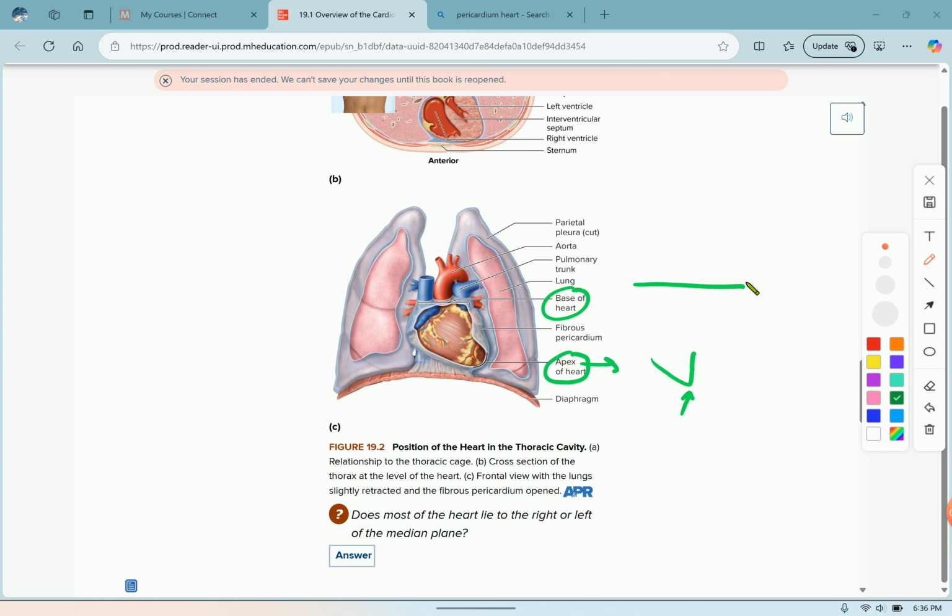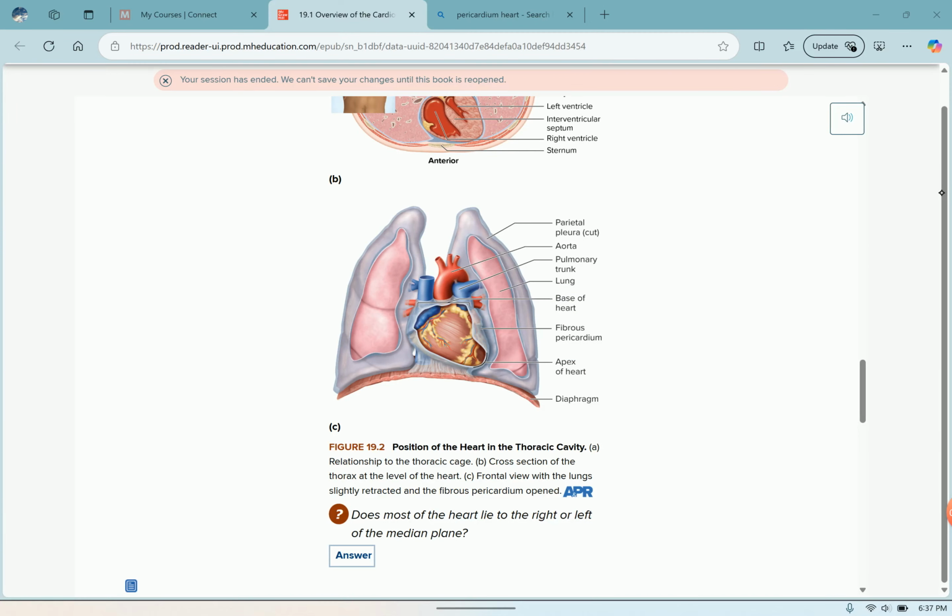So it does not mean top and bottom. It's when an organ comes to a point. For example, in the lungs, the apex is on top because it comes to a point, and the base of the lungs is on the bottom because it's more broad and flat.